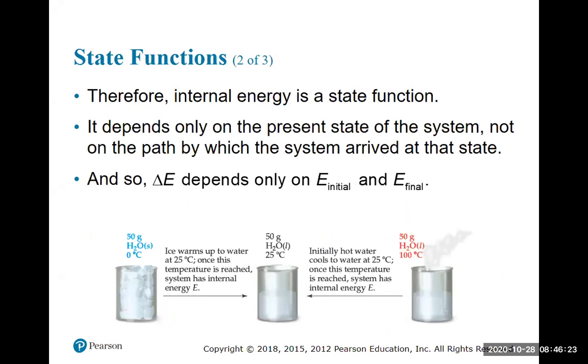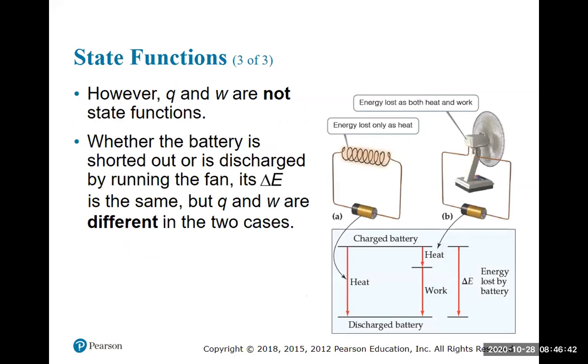So once again, internal energy is a state function. It depends only on the state of the system, not how you got there, not the path that the system took to get there. So it depends on the initial and final values for E. Q and W, as I said, are not state functions. And so it does matter how you get to those.